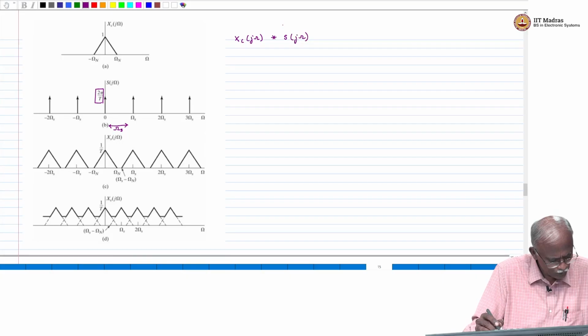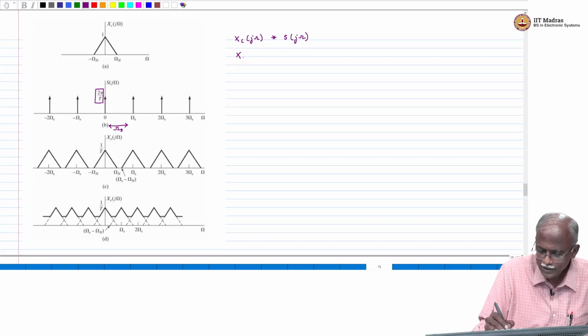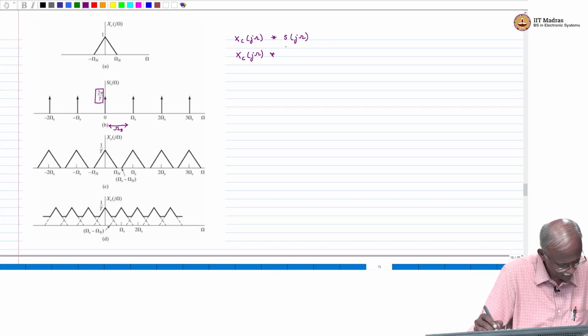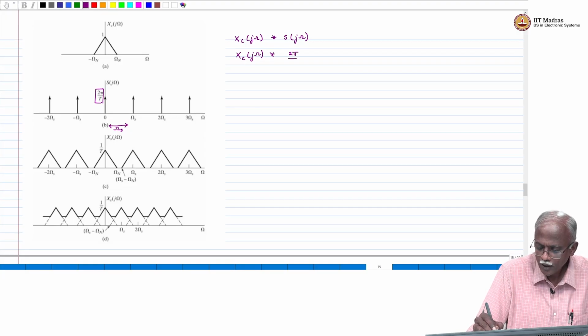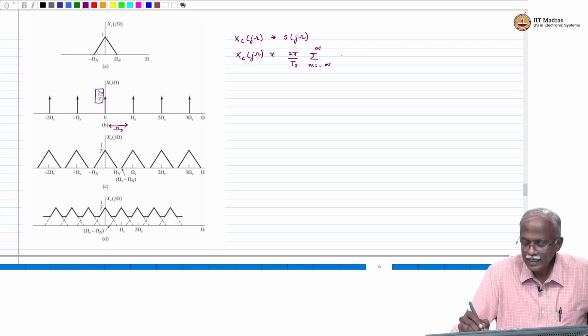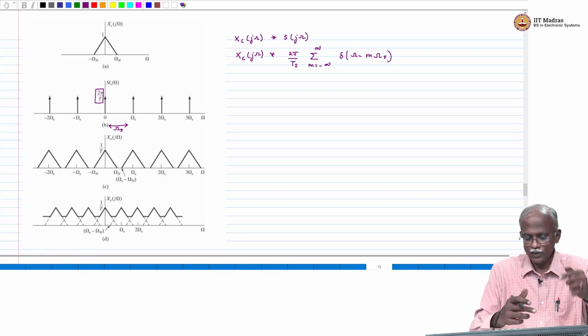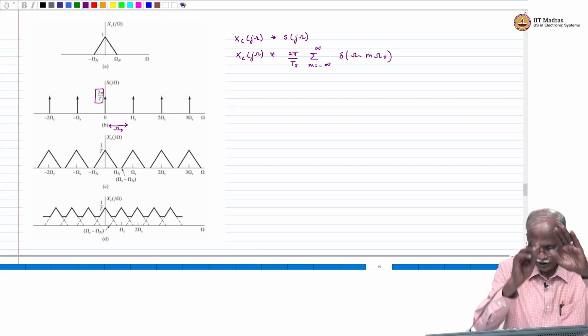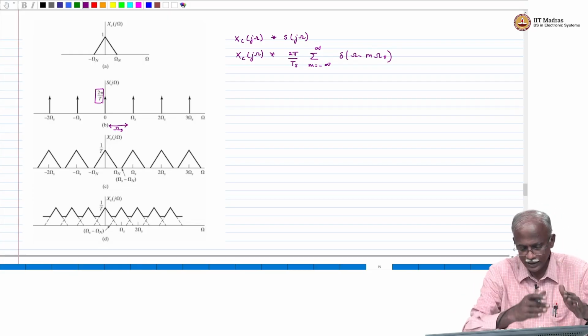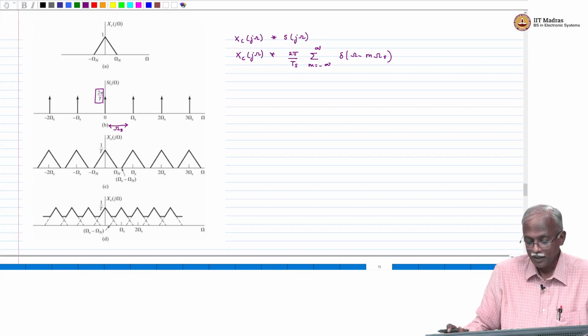Okay, and s of j omega, so this is the same as xc of j omega convolved with 2 pi by Ts, summation m equal to minus infinity to infinity delta of omega minus m omega s. So basically you are going to convolve the first function, the triangular function, with these delta functions.